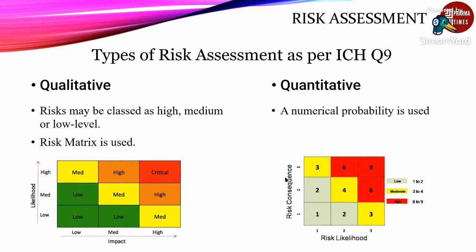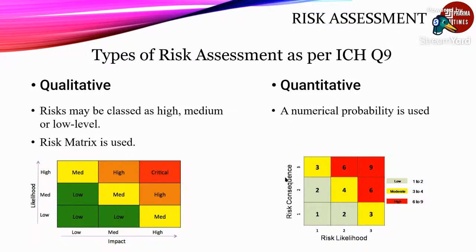And the second one is quantitative risk. As the name suggests, it uses a numbering system to define the risk. So probability, severity and detectability will all be defined based on the numbering system. As we know, we mark 1 to 5, where 5 is more critical and 1 is less critical.